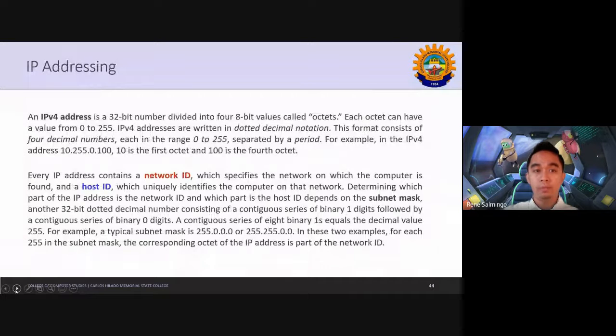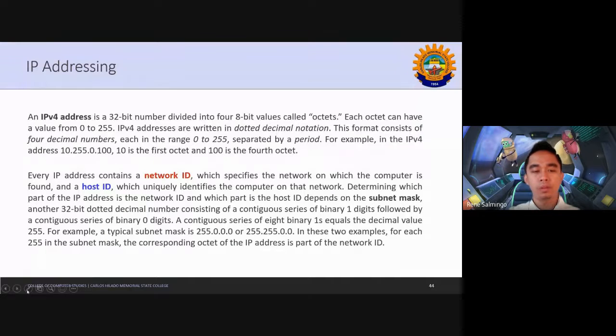So now, IP address or IP addressing starts with version 4. This is a 32-bit number divided into four 8-bit values. We call them octets.